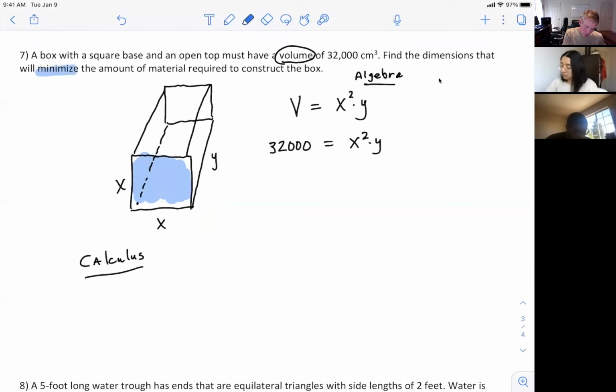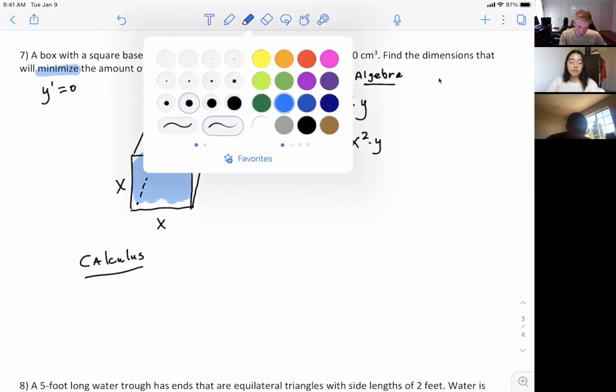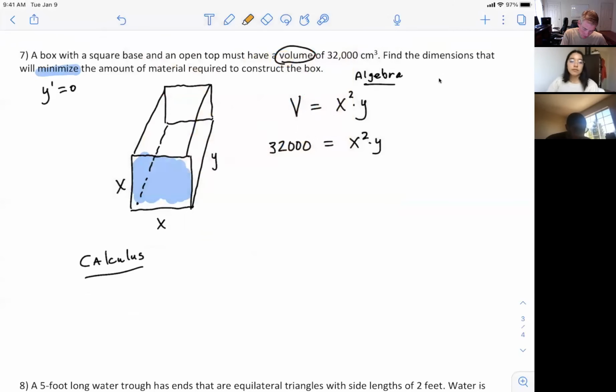So the question is about minimize. So we'll need to take the derivative and set it equal to 0 to find the minimum. And then the question is about the material required to construct the box. Well, that means that we need to find out how much area this is.